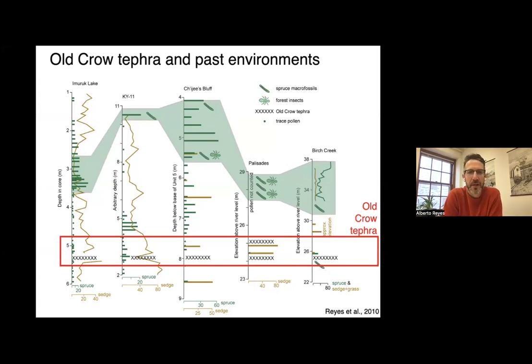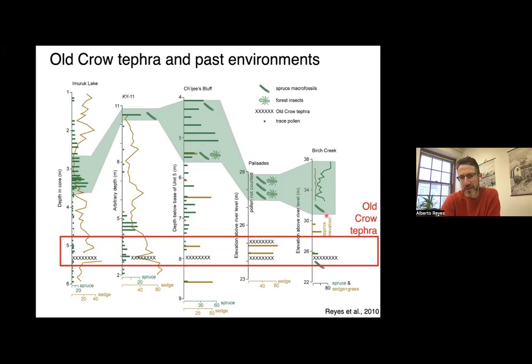Past environments: here is a compilation of some pollen and paleoecology from sites across eastern Beringia, ranging from Emmerich Lake, which is a really classic maar lake record on the Seward Peninsula, and then some other sites across Yukon and Alaska.